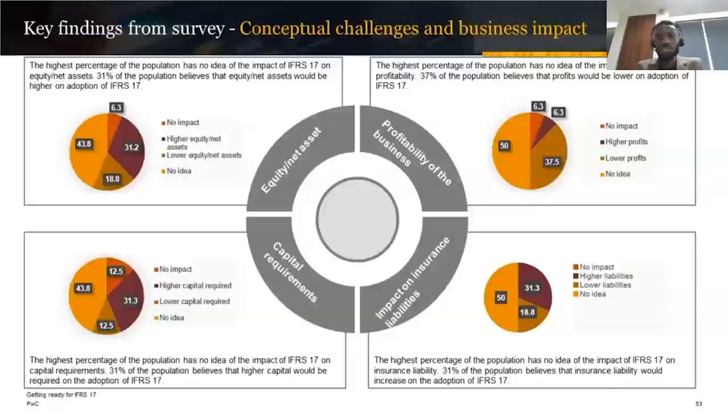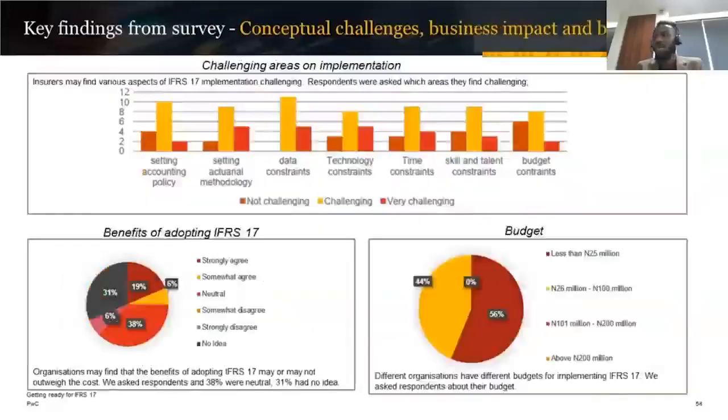While 50% of our respondents think the technological constraints as well as the budgeting constraints will be the major challenging areas for IFRS 17 implementation. On the cost-benefit analysis of IFRS 17, 38% of our respondents are indifferent.